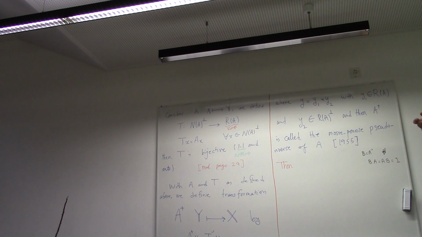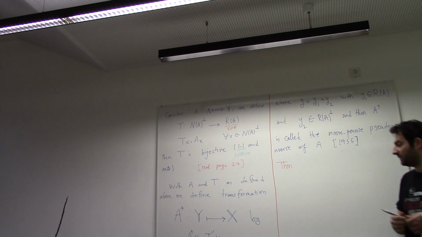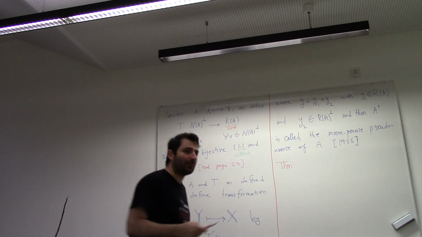How were we proving it? We were checking these conditions: we multiplied and saw whether it is I or not. So we have a similar thing in order to see if something is the pseudo-inverse of another vector or matrix.